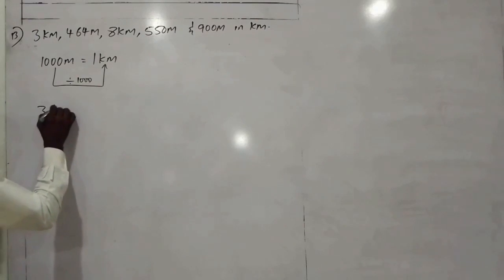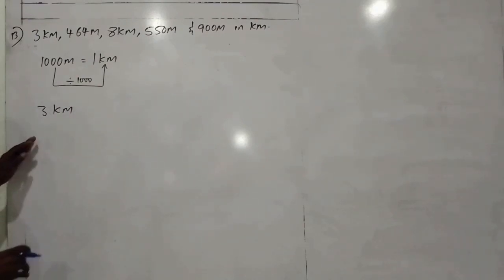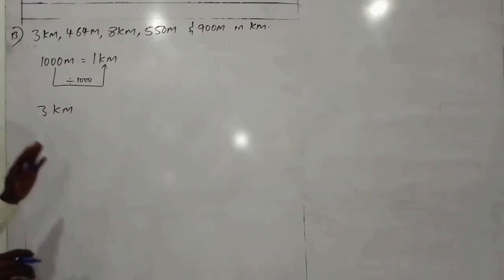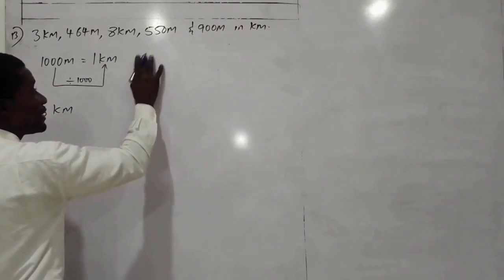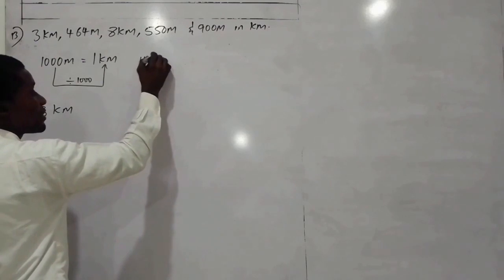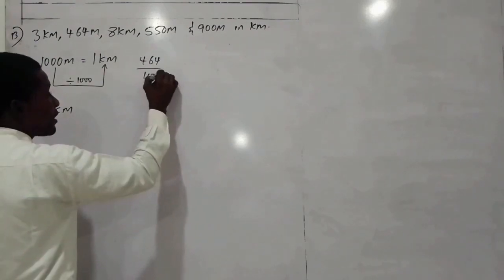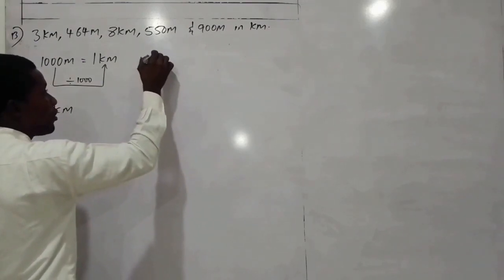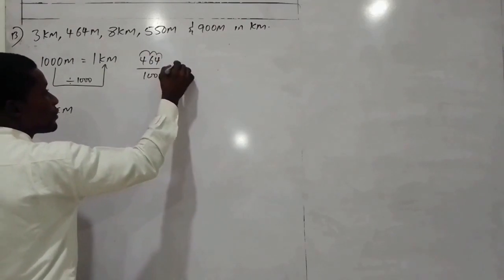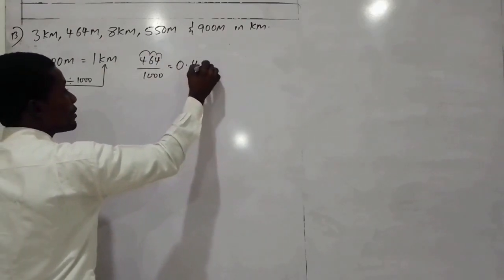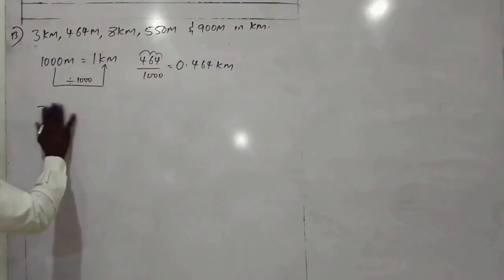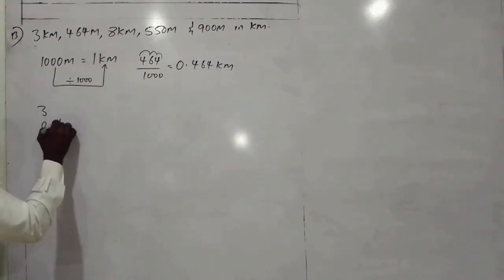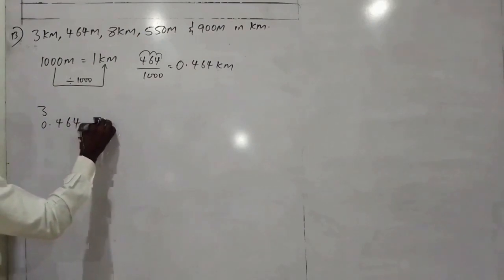The first number we have is 3 kilometers. We are asked to find the total length, and we leave our answer in kilometers. Now all the numbers that are not in kilometers, we need to convert them to kilometers. That's 464 divided by 1,000. To do this, we count 1, 2, 3. So this gives us 0.464 kilometer. So I bring it here, 0.464 kilometer.